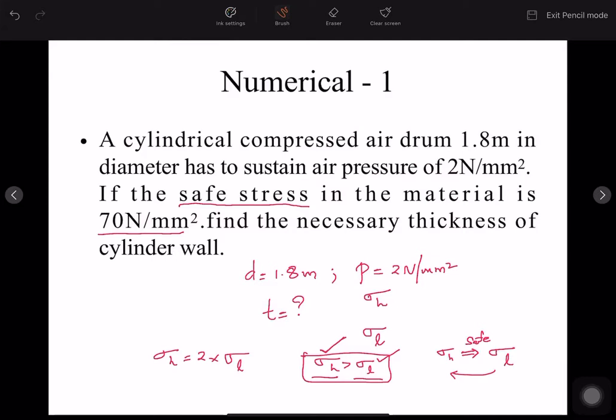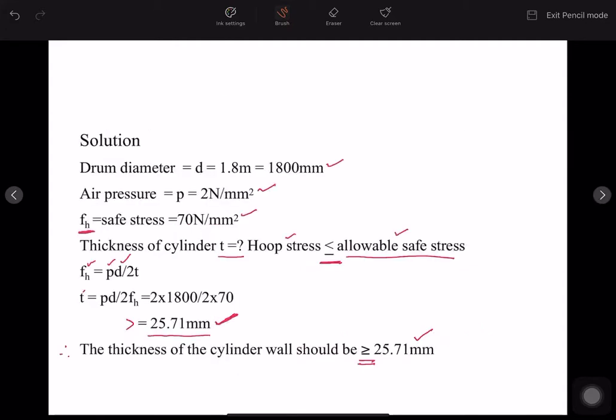That is what he has asked us to find out: the necessary thickness, which is 25.75. If you take more than this value as thickness, that is much safer. So on the better side, if you take 26 or 27, that will be much safer for us.